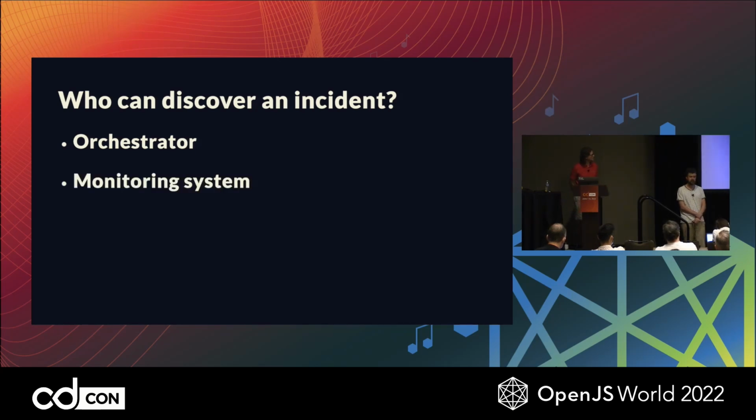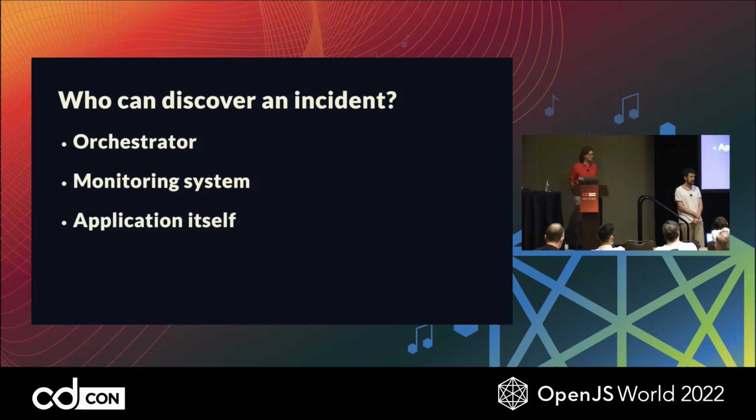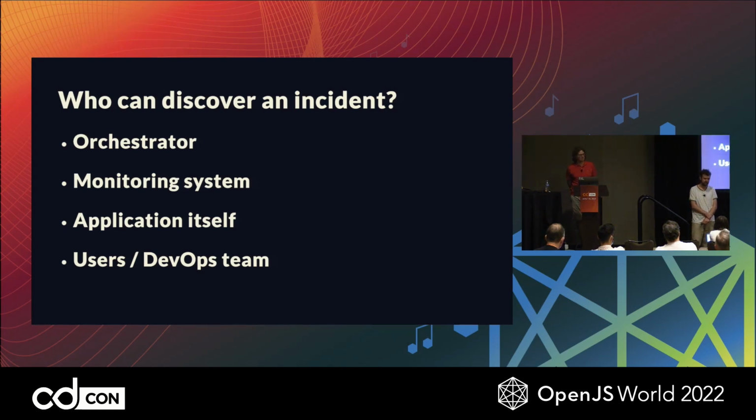So you have Prometheus looking into the network latency of your endpoints, or you're looking at other environment-related things. So that could then raise an incident. It could be the application itself that through some health check or some introspection realizes that it's currently not doing very well and raises an incident about that. And we could even go entirely out of the sort of automation space and just say that users can detect incidents and your operations team can detect incidents.